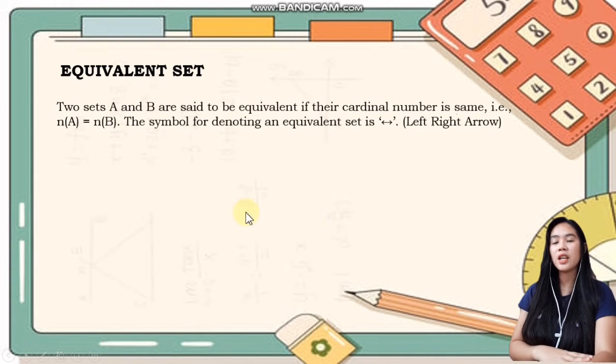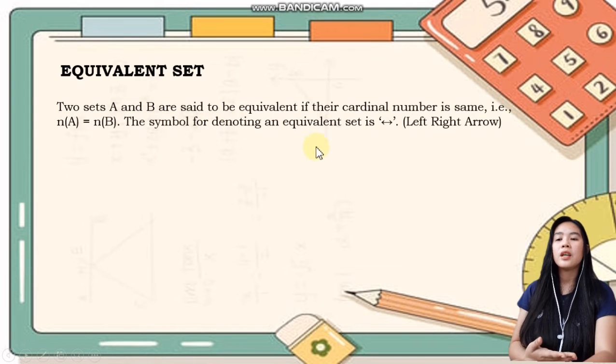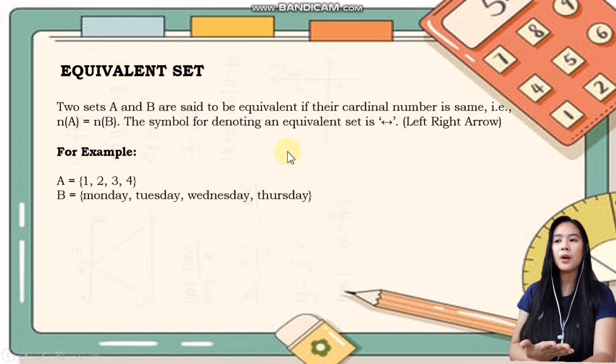So the next one is the equivalent set. Two sets A and B are said to be equivalent if their cardinal numbers are the same. So that the number of elements in set A is equals to the number of elements in set B. The symbol for denoting an equivalent set is like this, left-right arrow. So for example, A is equals to 1, 2, 3, 4, and set B is equals to Monday, Tuesday, Wednesday, Thursday. So bakit nasabi na itong example na ito is equivalent set?